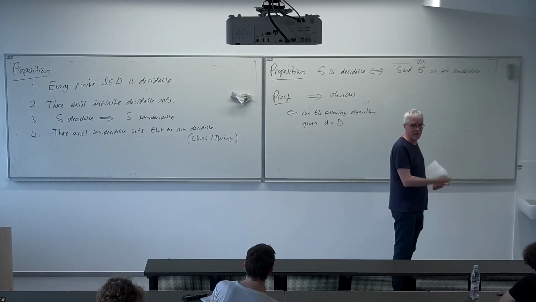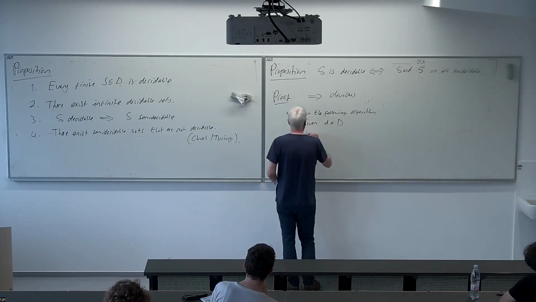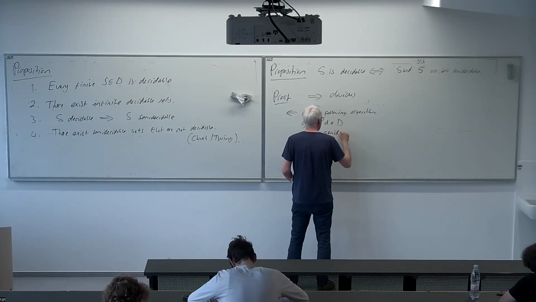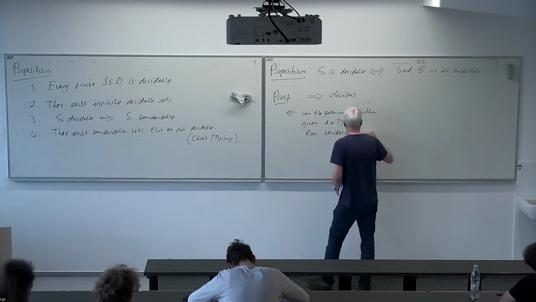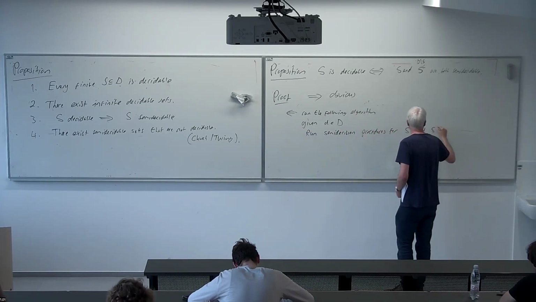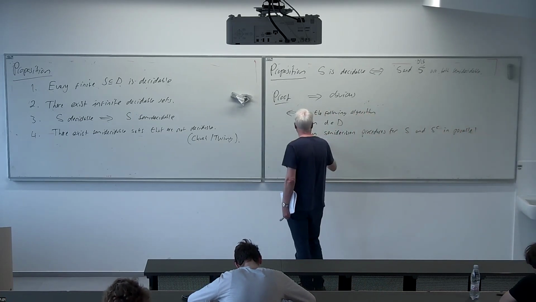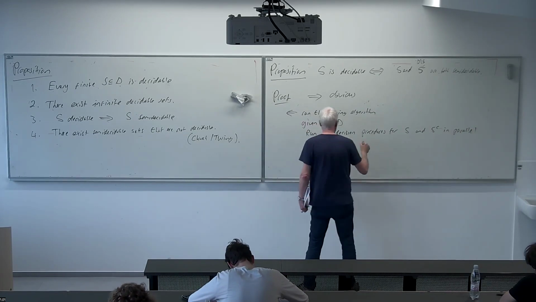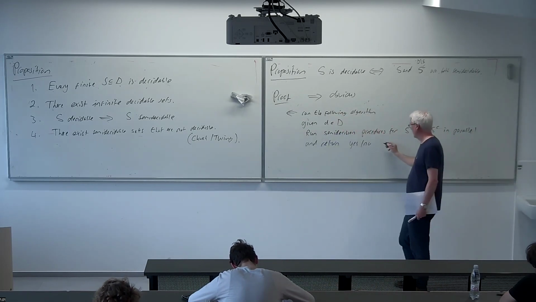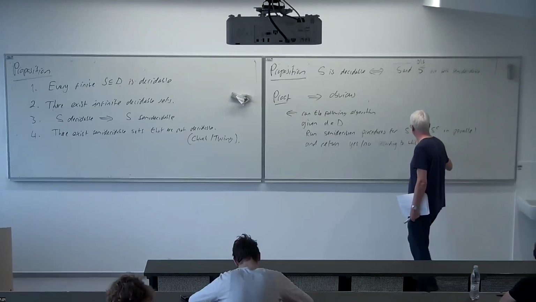Then depending on which one eventually gives the result, you return yes or no. So I'm just going to write that at a high level: run semi-decision procedures for S and S complement in parallel and return yes or no according to which one holds.